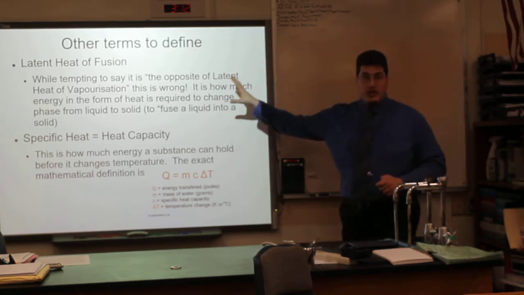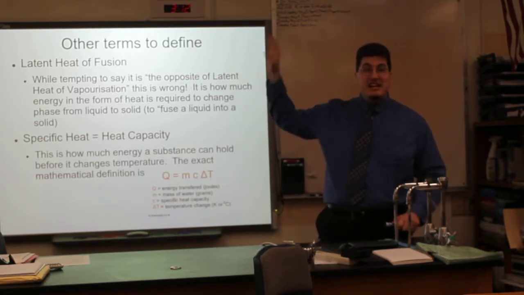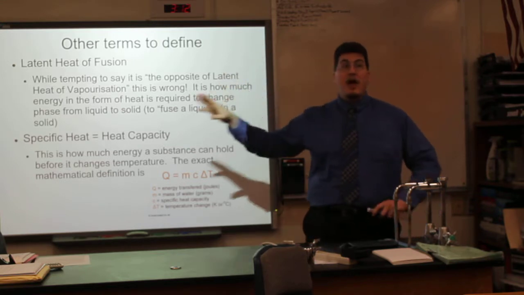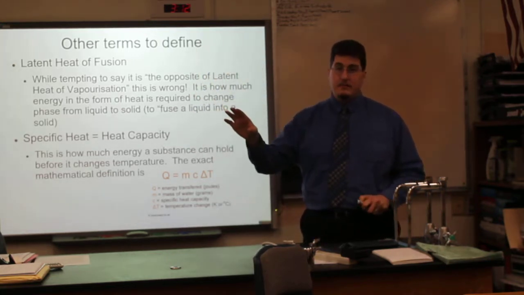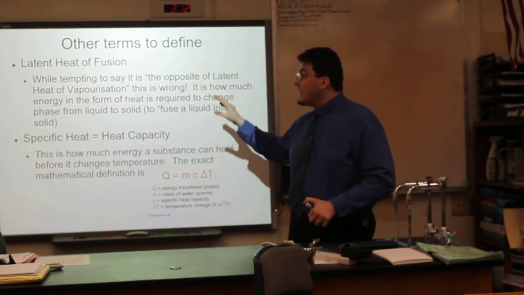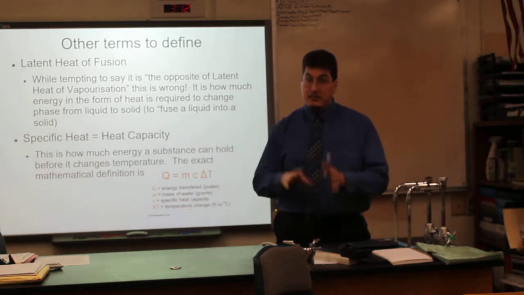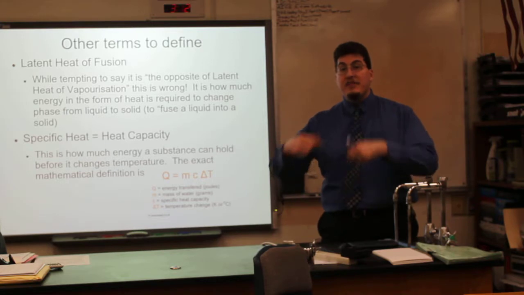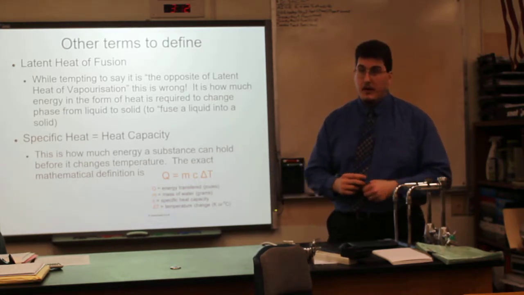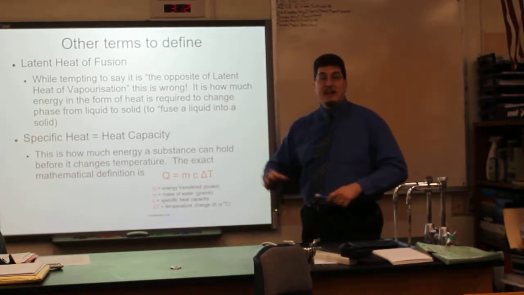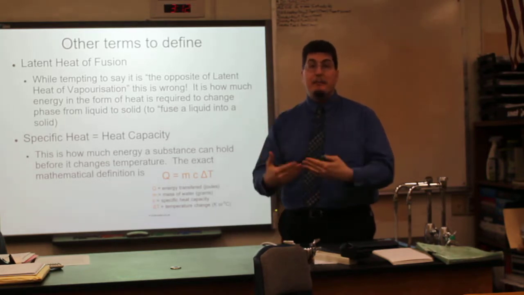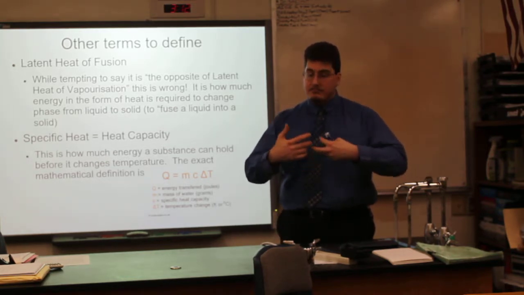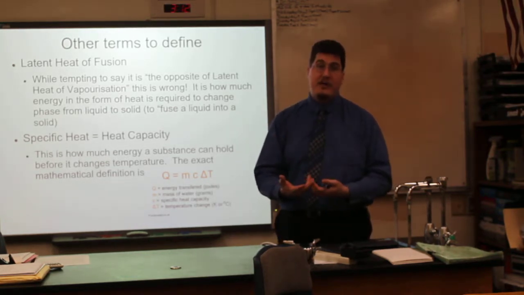Latent heat of fusion and latent heat of vaporization apply to changing phase. Specific heat and heat capacity, which are the same thing, apply to changes in temperature within a phase. So, heat capacity is the resistance to a change in temperature while the substance is still a liquid, for example.